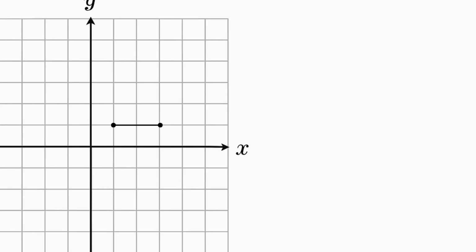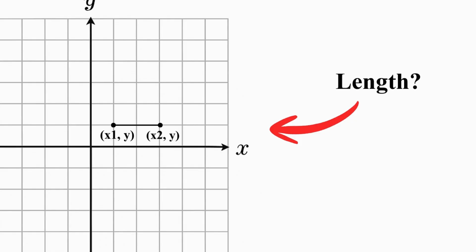So to approach this, I can label these 2 points as (x1, y) and (x2, y). We just leave y as y because the y value is going to be the same. That's why we don't have to differentiate between them.